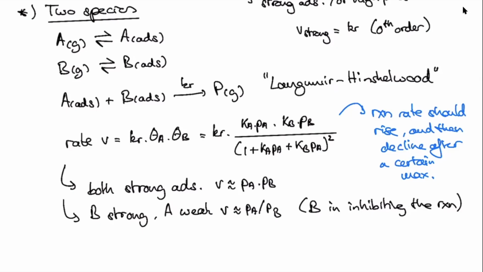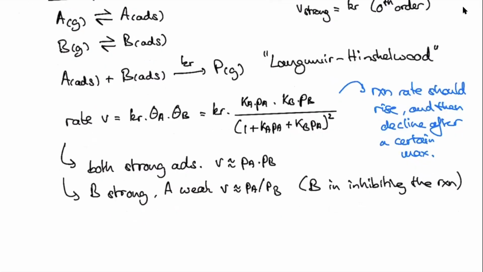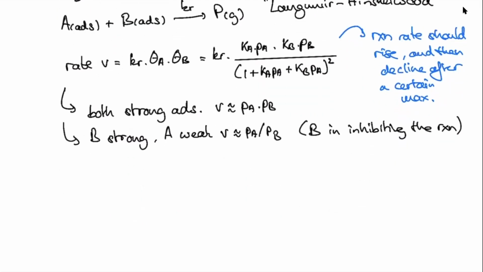So you don't have products. So that's why for these kind of situations, typically both A and B are relatively weak adsorbers. So this problem doesn't arise much, but it could happen. And it has also been observed in some cases. But there's a maybe simpler model that doesn't have this same limitation.